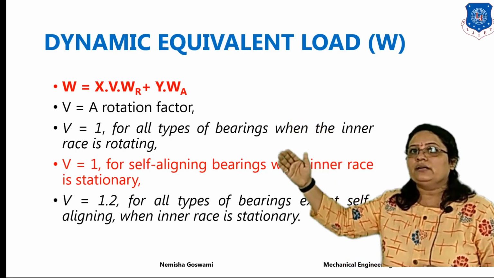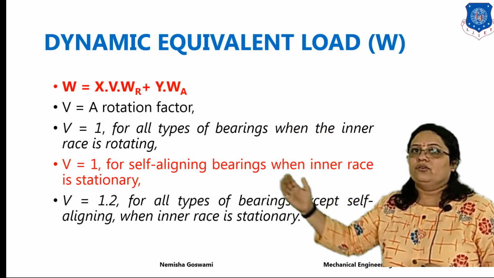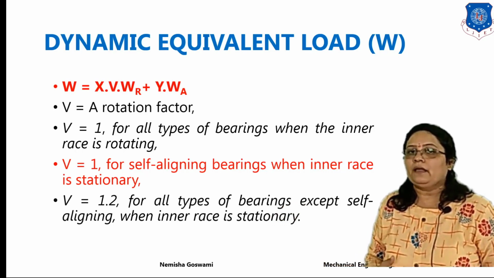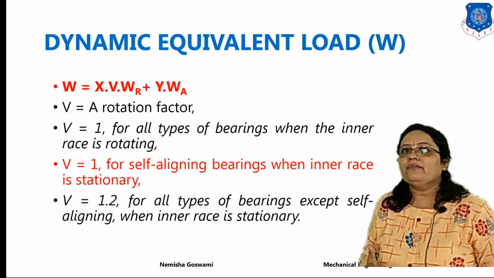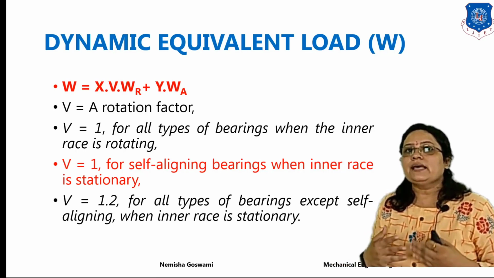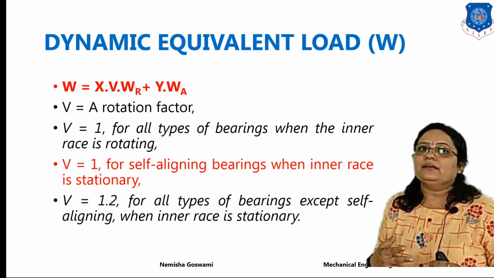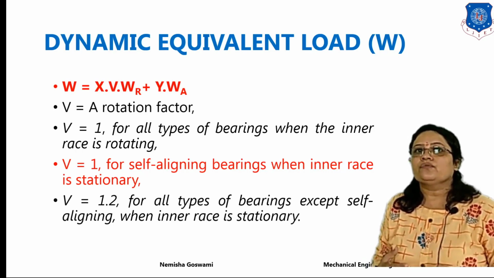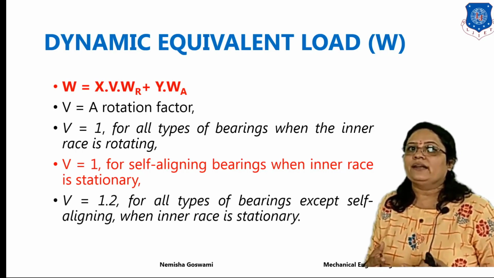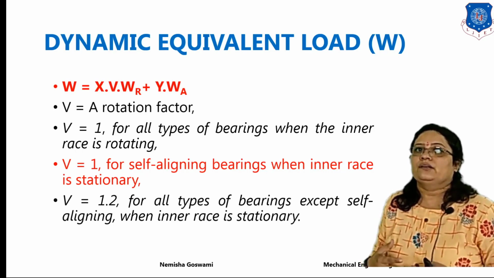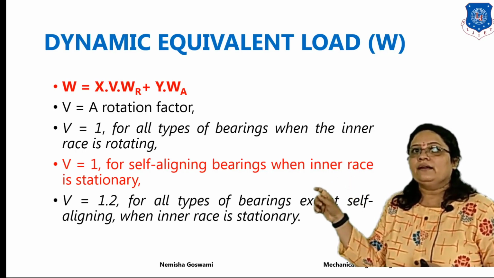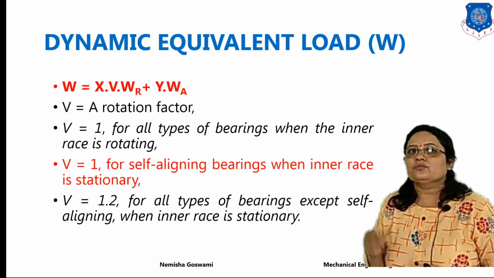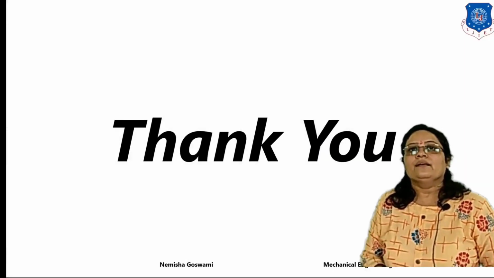These are the two conditions when we consider V equal to 1. The last one is V equal to 1.2, which is applicable for all bearings, but it is not used for the self-aligned bearing when the inner race is stationary; when the inner race is stationary, V is equal to 1. So these were the conditions.